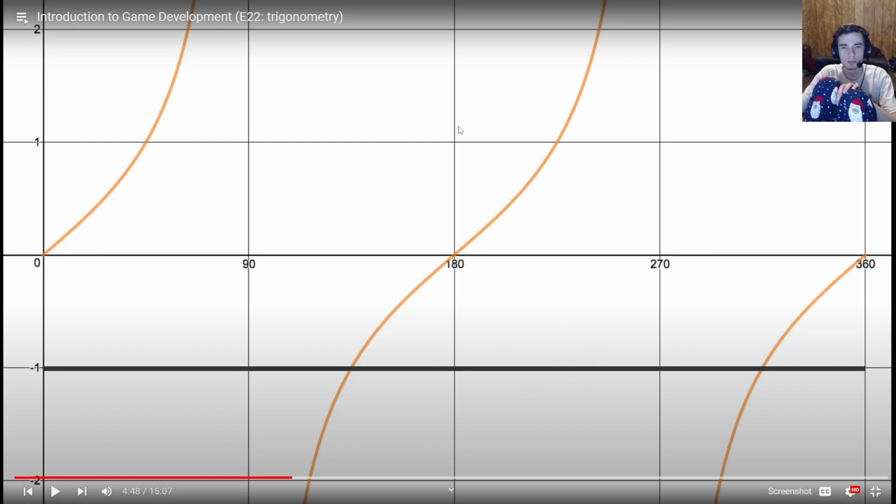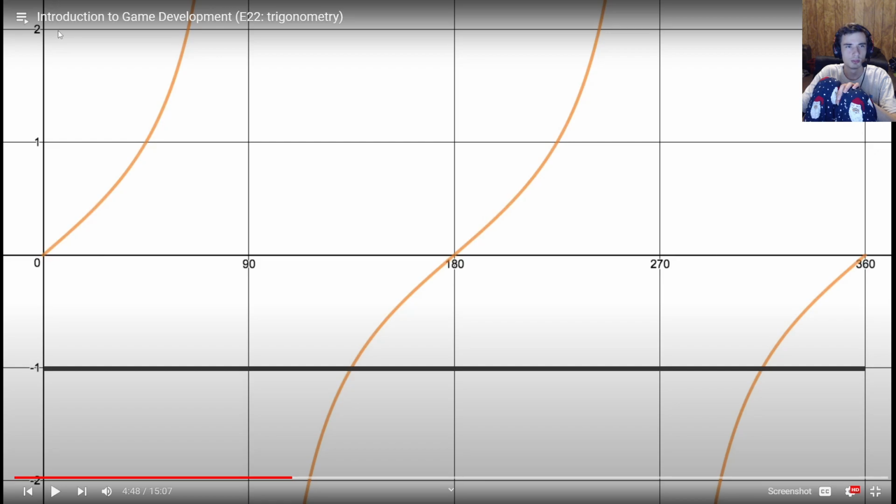No, it would be flipped along both x and y. So it would be coming down from here, because cotangent would be x over y, which would be 1 over 0.